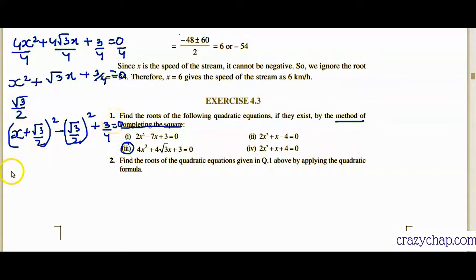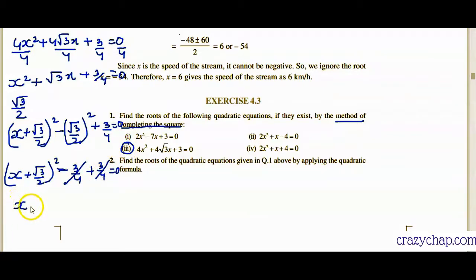We'll just simplify it now. So x plus square root 3 over 2 whole square minus this is root 3 square and 2 square, so it becomes 3 over 4 and plus 3 over 4 equal to 0. Hope it is clear, guys. Now minus 3 over 4 and plus 3 over 4 will be cancelled.